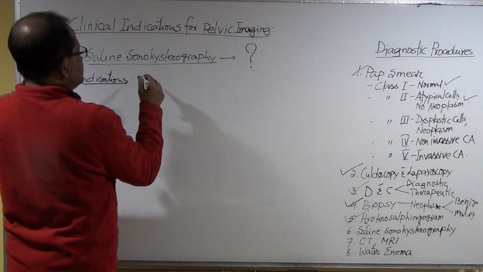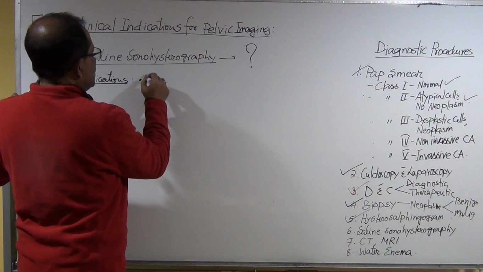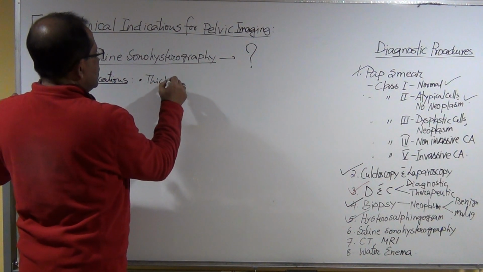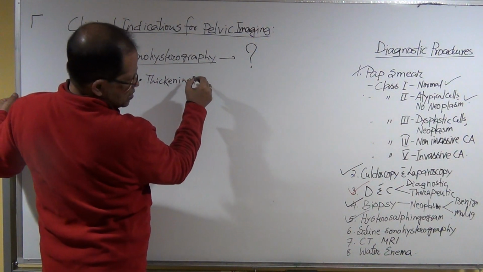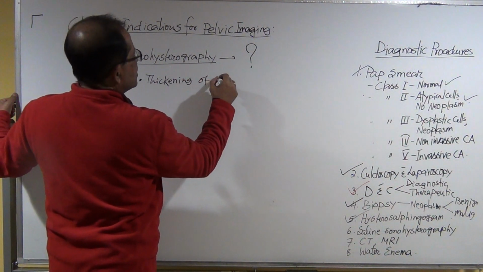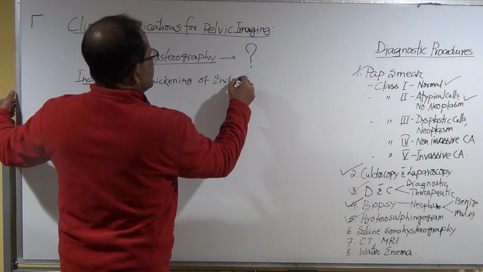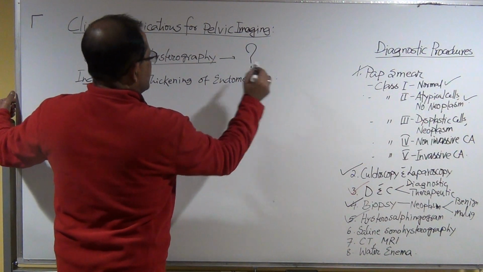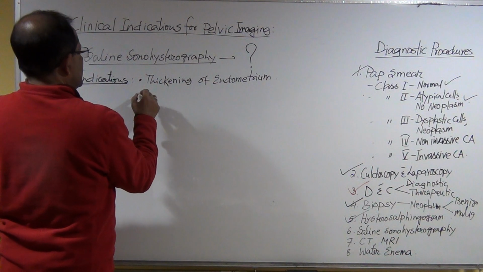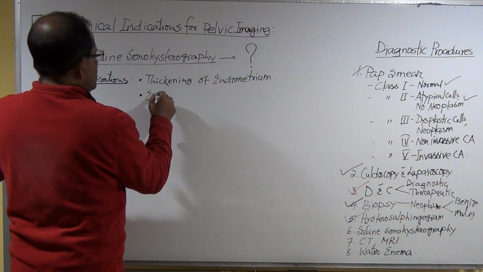Number one, thickening of endometrium. Then endometrial polyp.